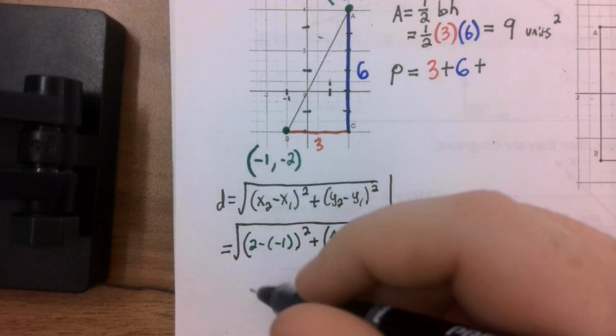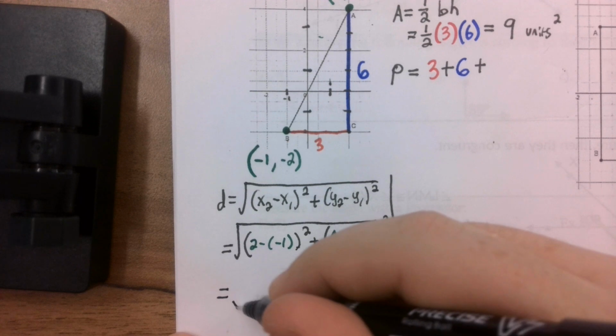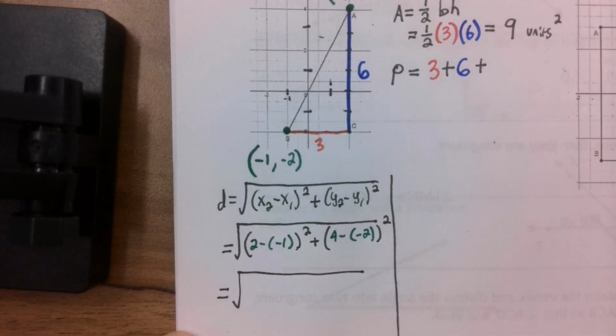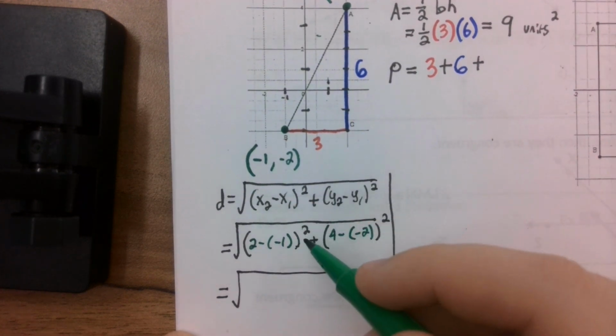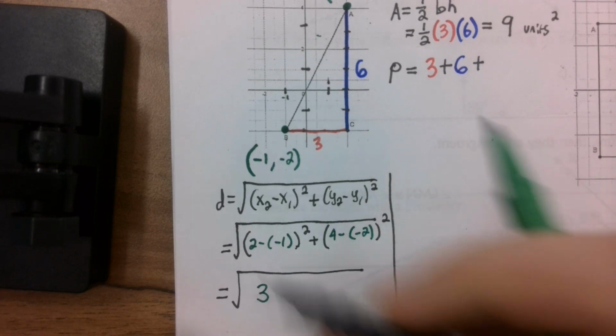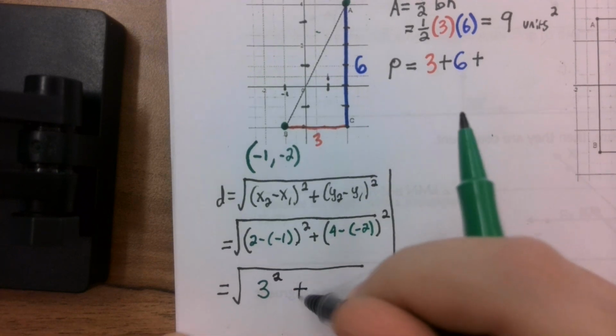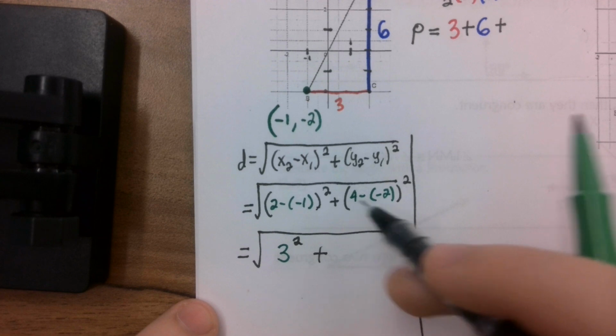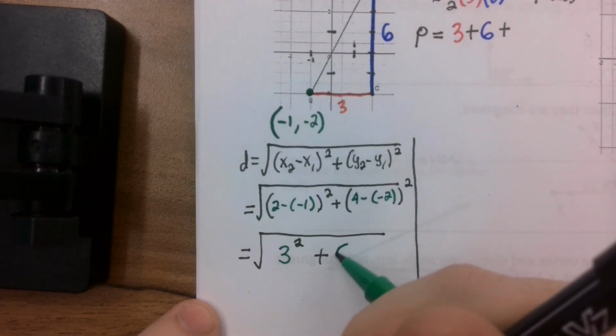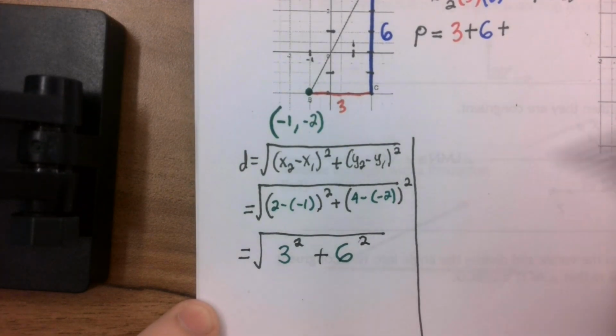Well, 2 minus -1 is just 3. So this is the square root of 3 squared. Plus 4 minus -2 is 6. So that'll be 6 squared.